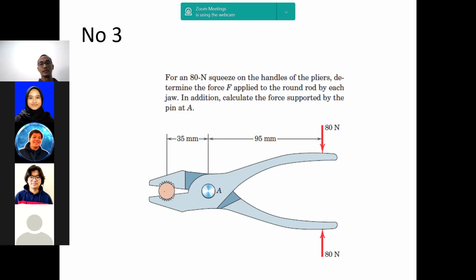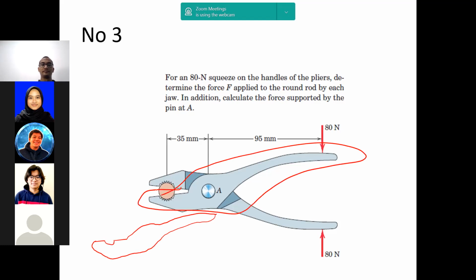So if I just draw the lower part like this, this is the lower part, the thing that I draw.